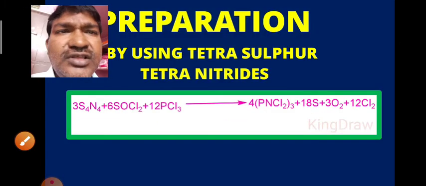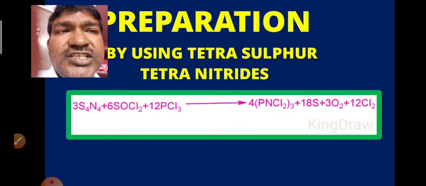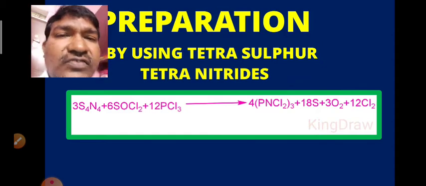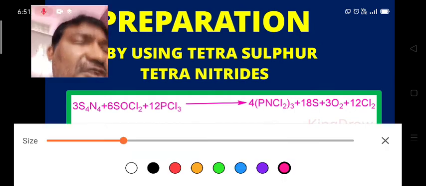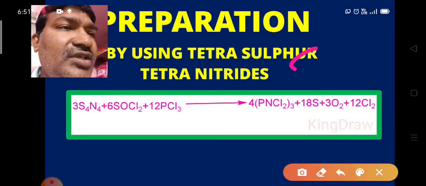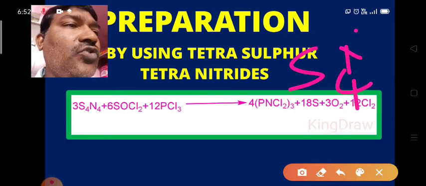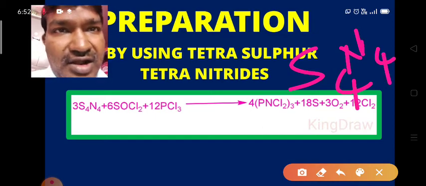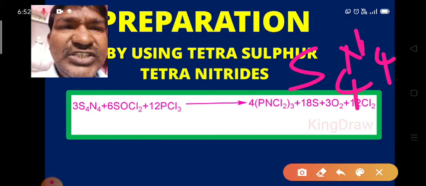Now we go for the second method, using tetrasulfur tetranitride. The formula of tetrasulfur tetranitride is S4N4.